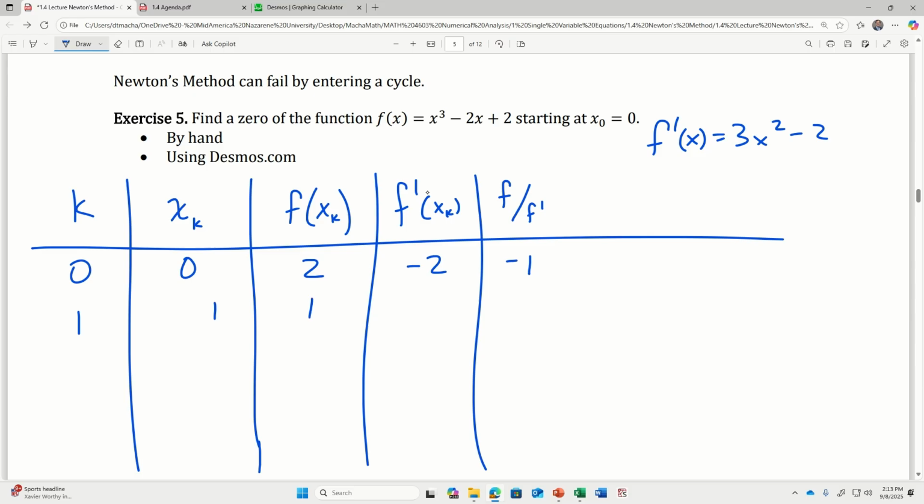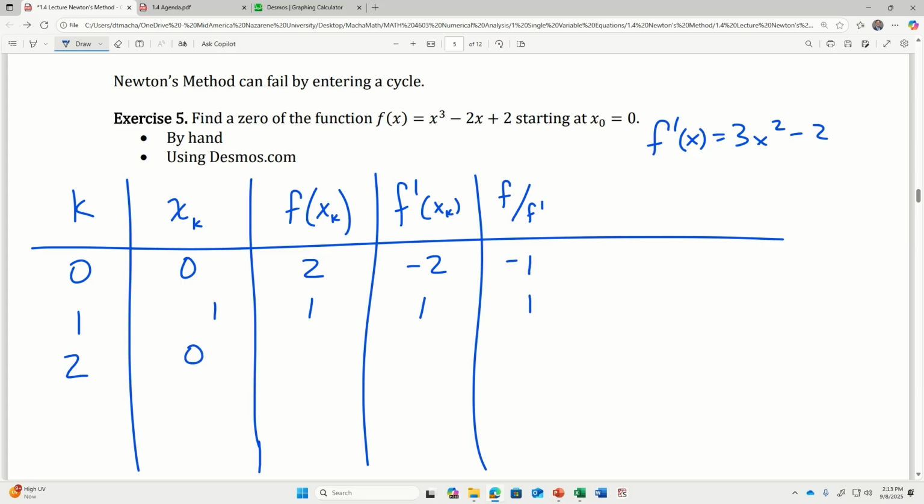What is f prime of 1? 1. So f divided by f prime is 1 divided by 1. To get x2, I take my previous iterate, 1, minus f over f prime. So 1 minus 1, right? What's 1 minus 1? 0.